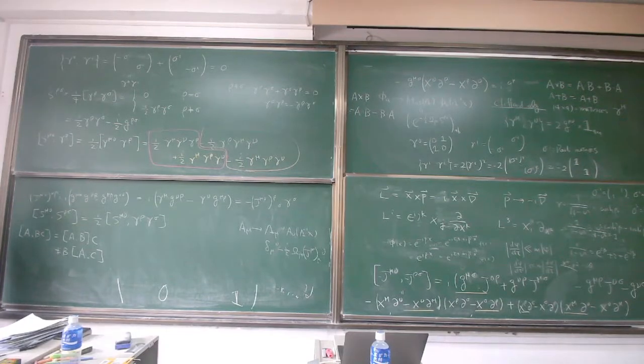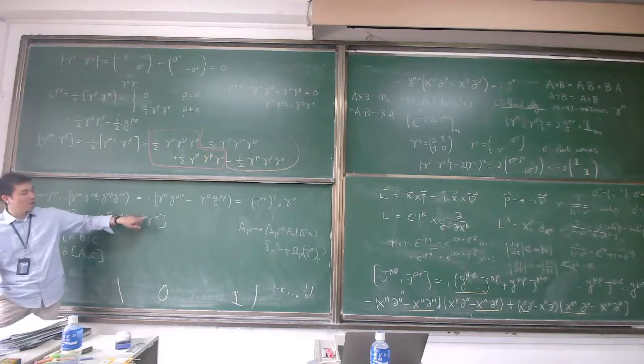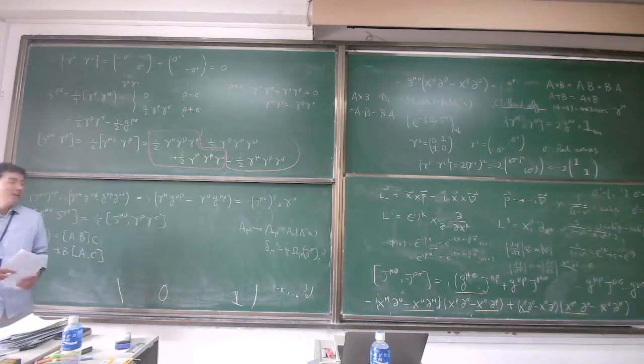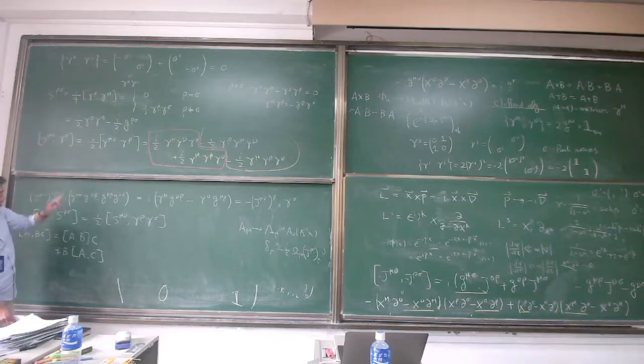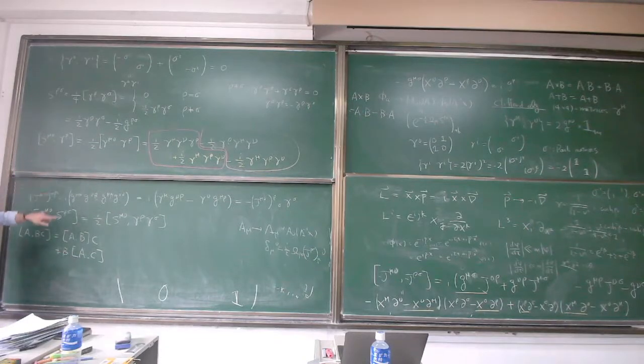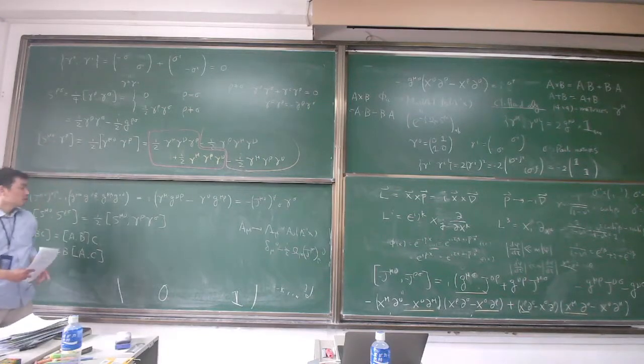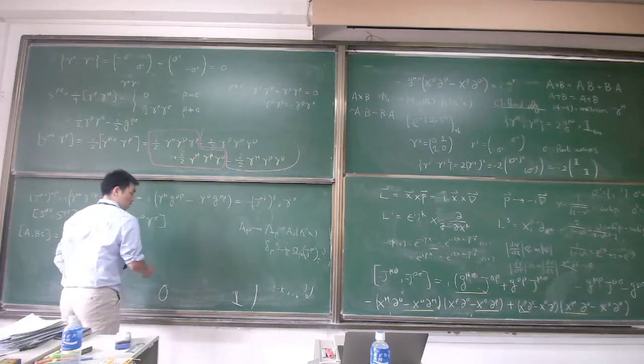Or you don't agree? Do you agree? So we use this factor. So here S can be treated as A, and BC is gamma rho and gamma sigma, right? And we can apply this one. We know the AB relation can use this one. Okay? Do you understand what I mean? Therefore, this can be understood.